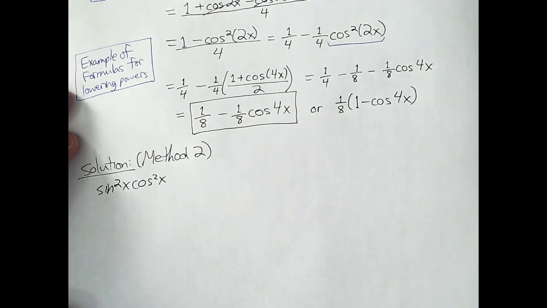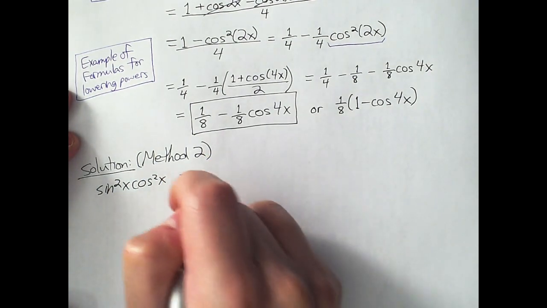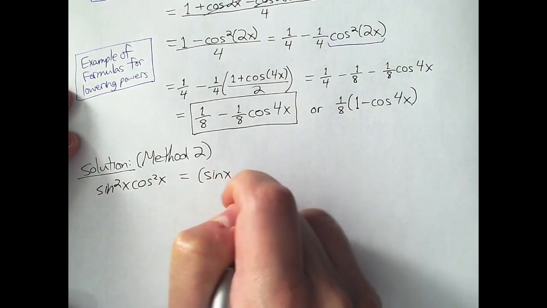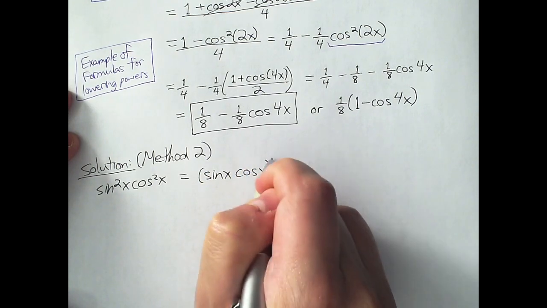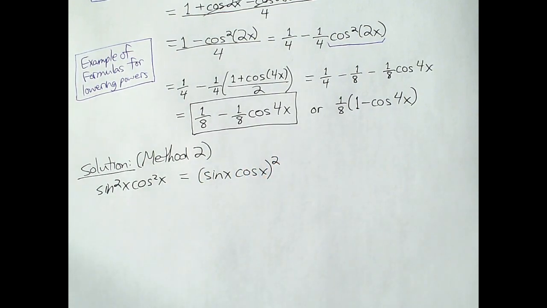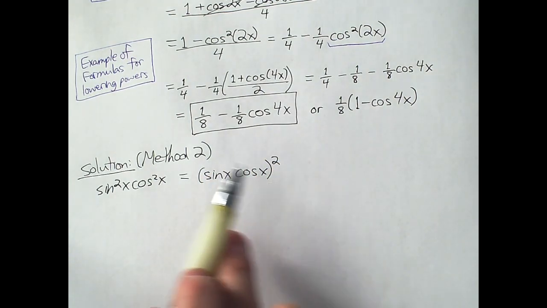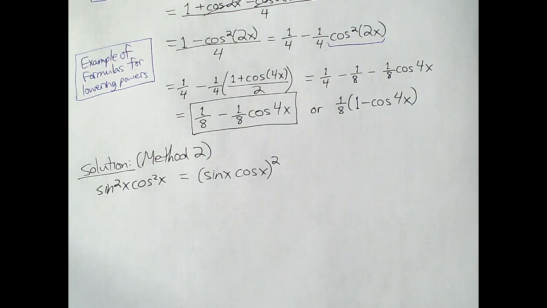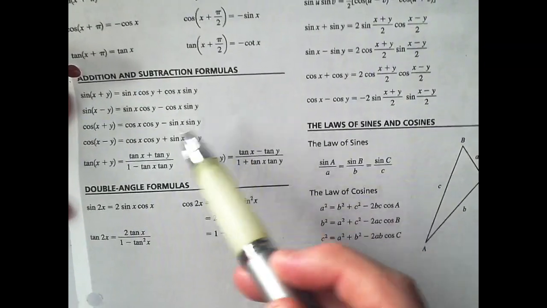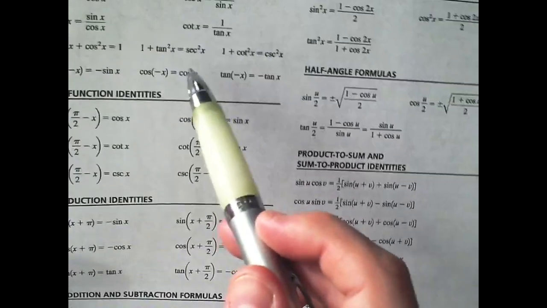Another way that you could view this problem is you could say this is sine x cosine x, all of that squared. And then try to think of something that you can do with this. You might have to look through your reference sheet and check the ones we know, maybe the fundamental ones.